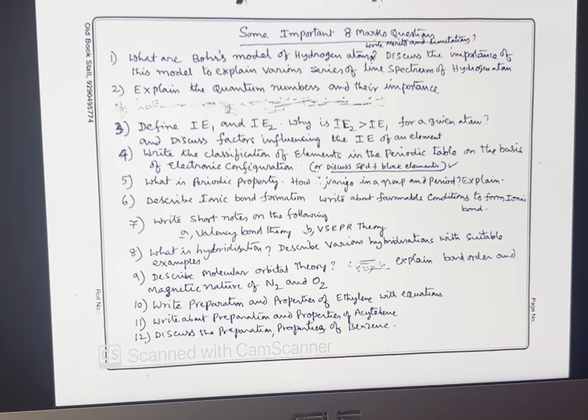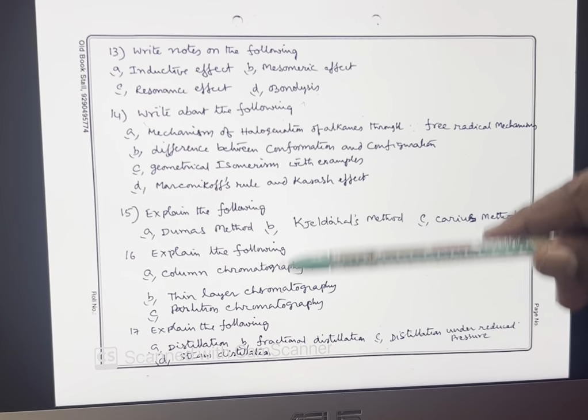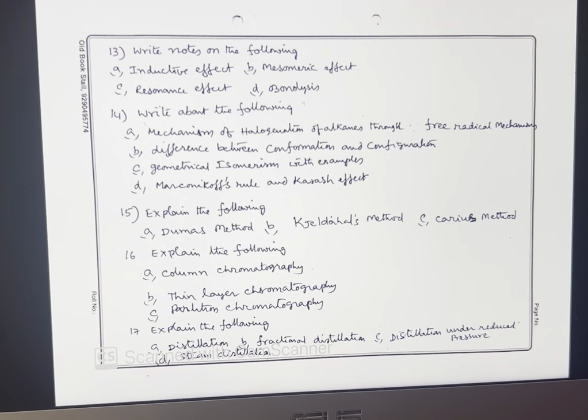In addition to that, you may get 4-mark and 2-mark questions also. If you read these 5 questions also, you will definitely get more than 50% marks.